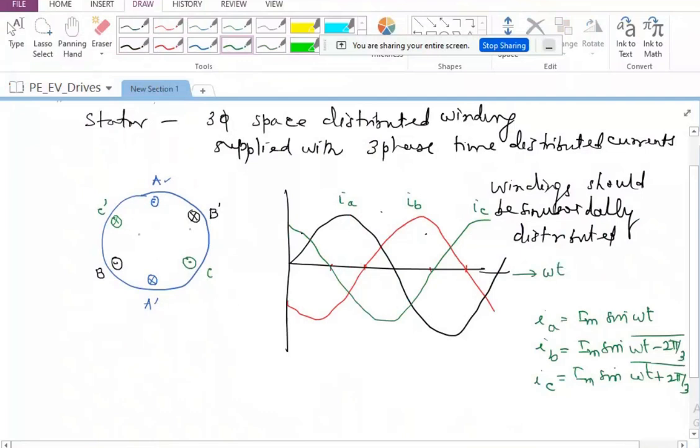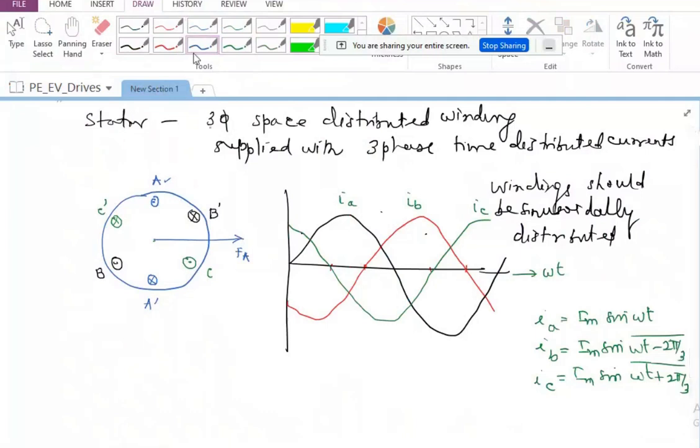So the MMF or flux corresponding to the magnetic field of A phase is always going to be along this axis. This is how FA will be. I'm showing the magnetic field of A phase in space, that will be along FA.